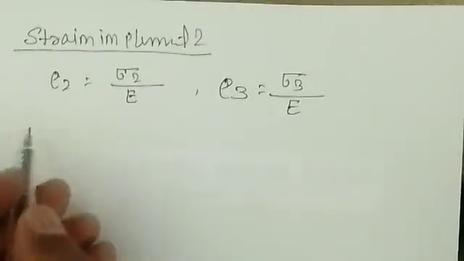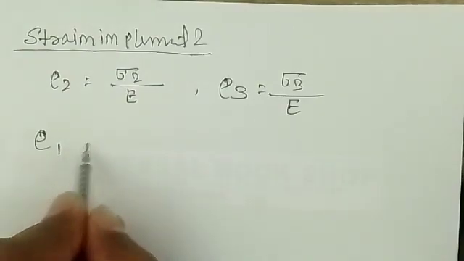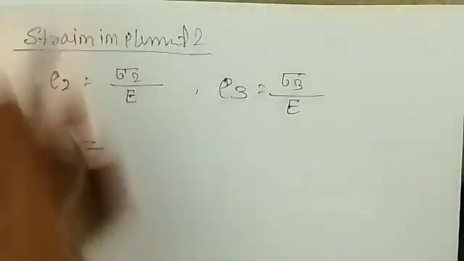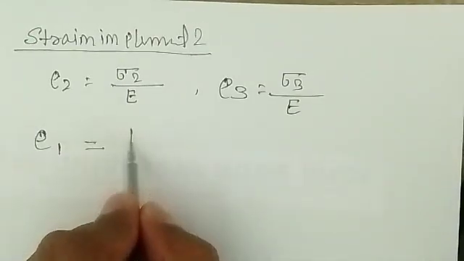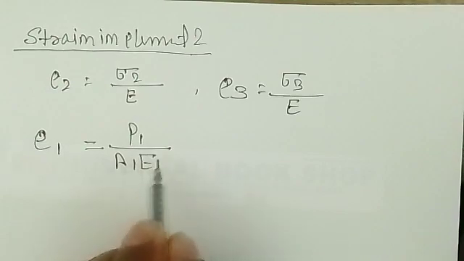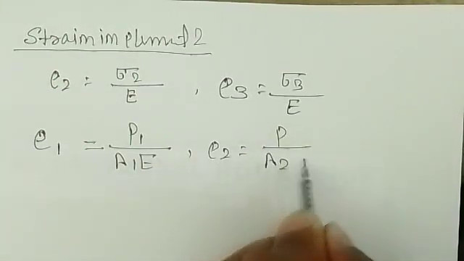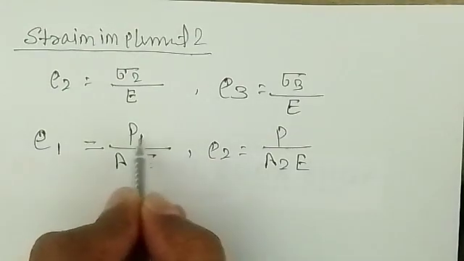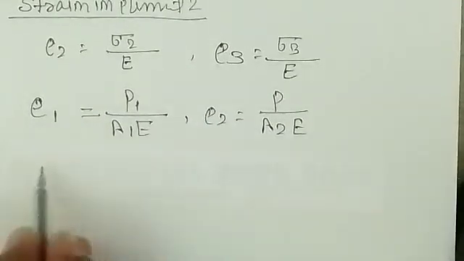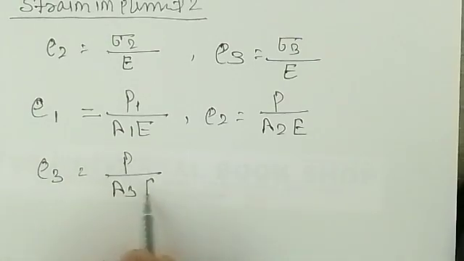Now if I substitute sigma 1 is equal to P by A1, E1 is equal to P by A1E, right? And E2 is equal to P by A2E, and E3 is equal to P by A3E.